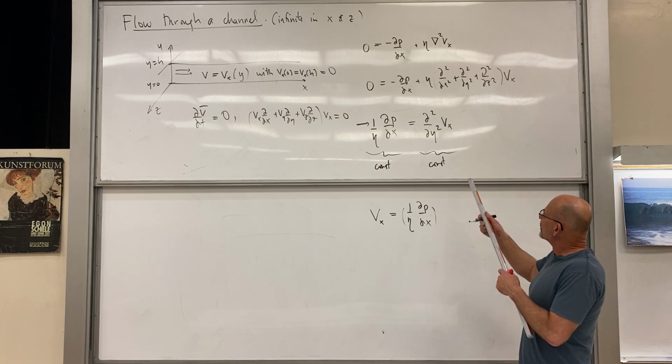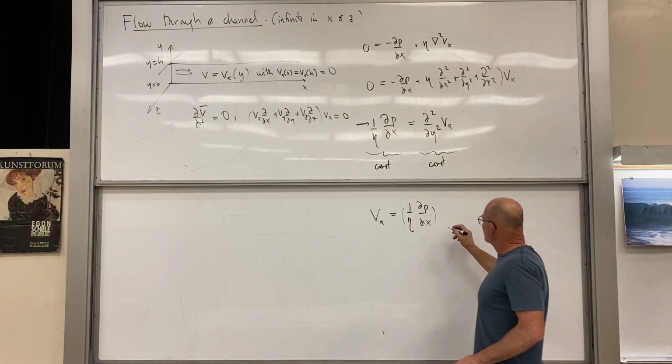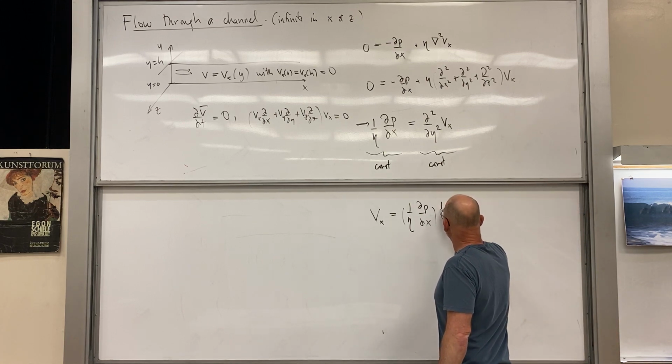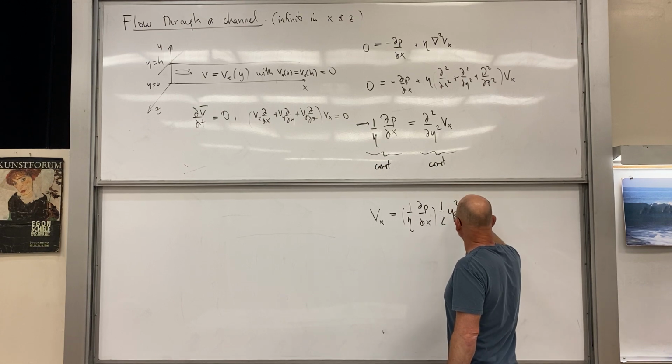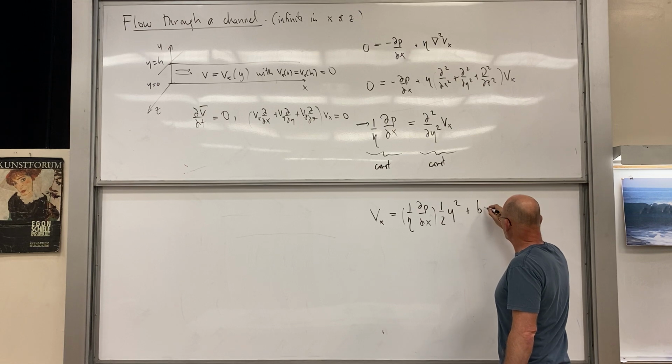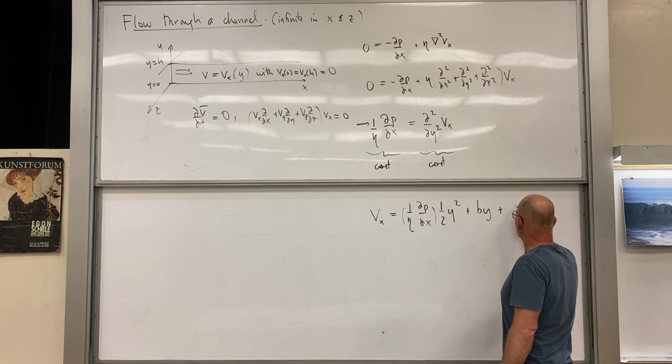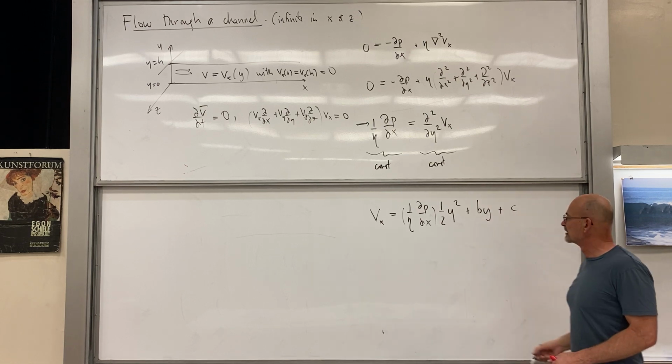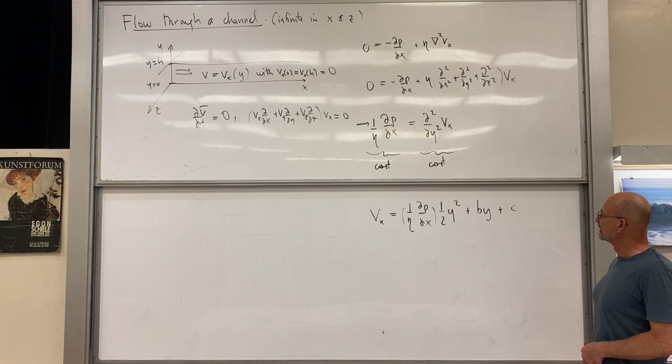So since I had two derivatives in y, I'm going to have 1/2 y squared plus b times y plus c. Okay. That's the typical thing.